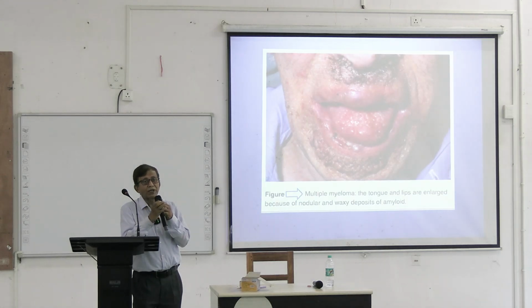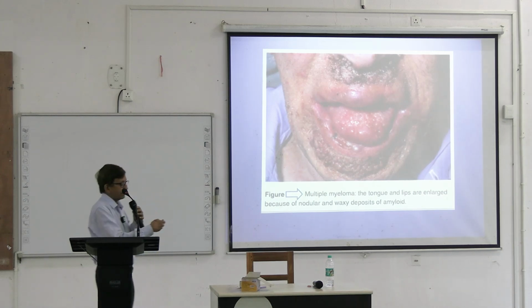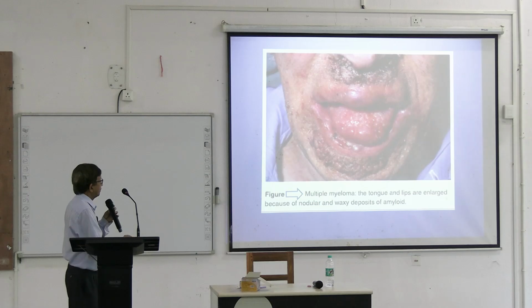AL. So, one type of amyloidosis is born out of abnormal proteins. So, multiple myeloma and amyloidosis, though they look different, have got a relation. Only one type of amyloid. That's why I have given this photograph.